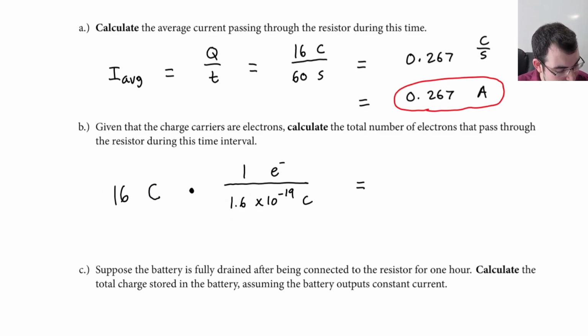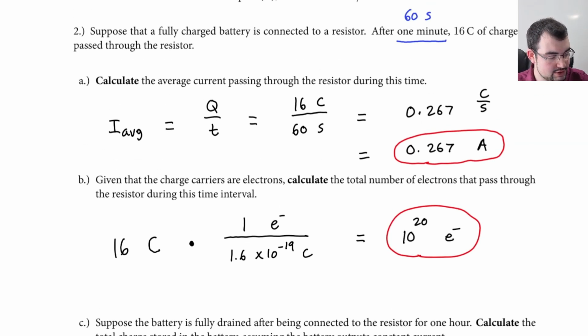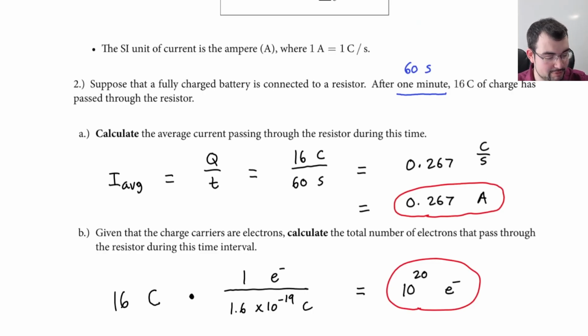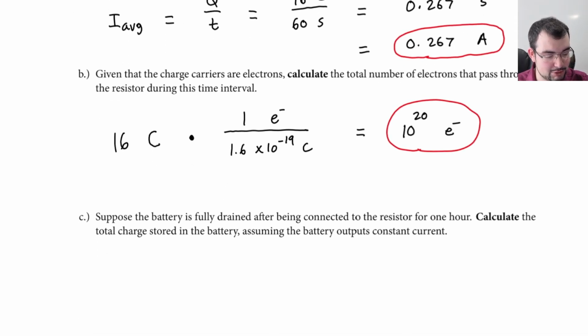And you'd get exactly 10 to the 20th electrons that pass through. So what that means for us is that's why we get currents that are small numbers that we're used to working with, like on the single digit order of magnitude, because I'm pumping 10 to the 20th electrons through an area. Doesn't matter that they all have really, really small charges, they add up.